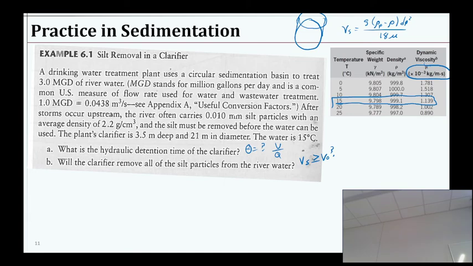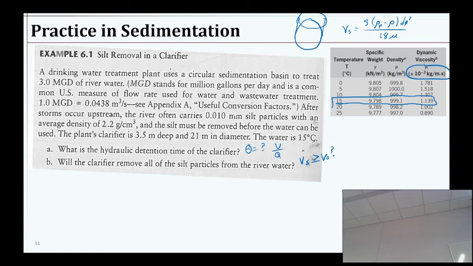I converted everything over, and then we just go straight for the area. But then this is volume over Q. So this is what I'm putting in.